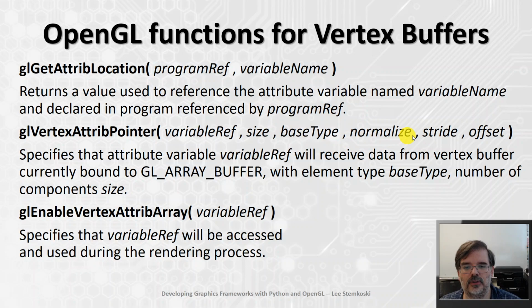The other parameters, normalize, stride, and offset, we're really not going to need in our applications too much. Normalize, if you had vector data, would automatically scale it so it has length, or magnitude, 1. Stride and offset are often used if you're packing different types of data into a single array, interleaving different data.